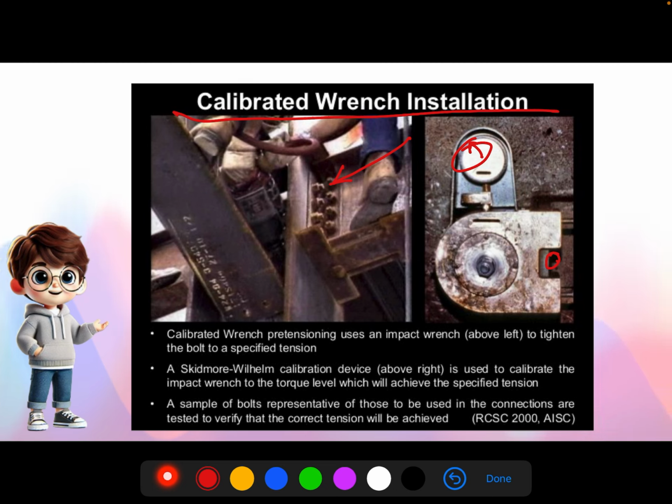Then they will remove the wrench from the bolt. So this is called calibrated wrench installation. Means based on the required bolt capacity, we will directly set the meter and apply the wrench. So the wrench will tighten the bolt until exactly that bolt matches its capacity.